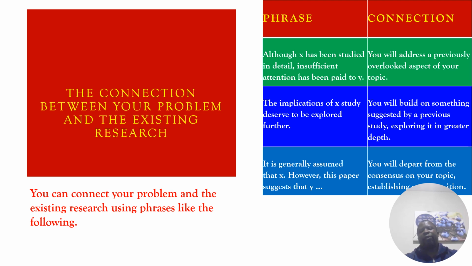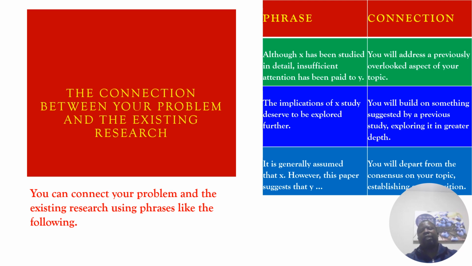Then the other example is how you can phrase it. The implication of X representing the problem study deserve to be explored further. And when you phrase your problem this way, you will be building on something suggested by previous studies, exploring it in greater depth. Or the last one, it is generally assumed that X, which is a problem.